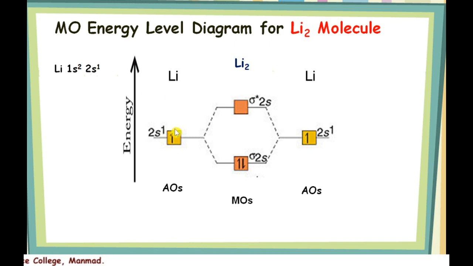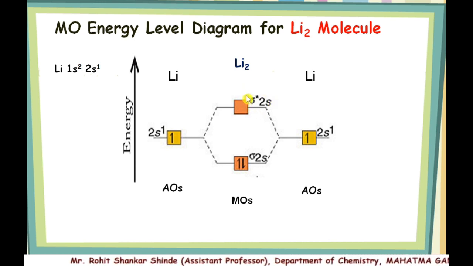Since there are two atomic orbitals of two lithium atoms, they will form two molecular orbitals, that is sigma 2s bonding and sigma star 2s anti-bonding molecular orbitals. The two electrons from both atomic orbitals enter the bonding molecular orbital sigma 2s.